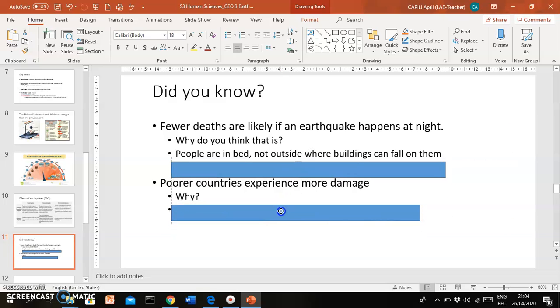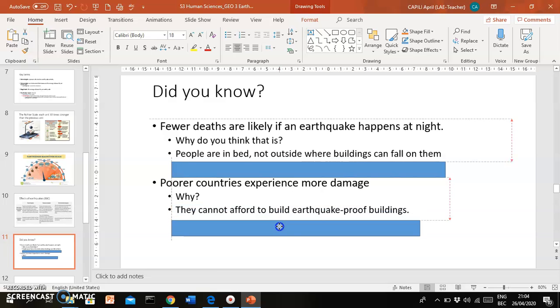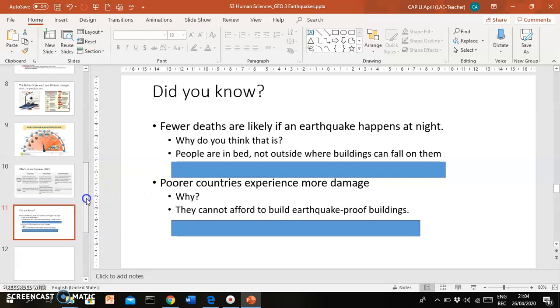Poorer countries experience more damage. And I think the answer to this is more obvious. It's because if you're a poor country, then it's likely that the buildings in your country are not earthquake proof. So they're more susceptible to collapse, to being brought down because of an earthquake.